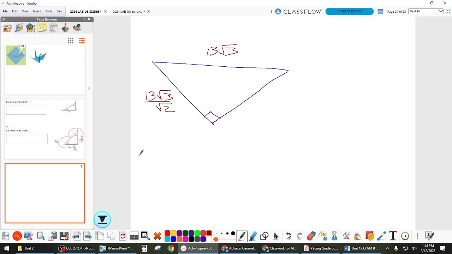We wrote in the note before, I just erased it, but it said, and then rationalize. I'm not sure I'm going to show you that or not, but basically it's a way of getting this square root out of the denominator. And it's purely a mathematical preference. It's not a requirement. In terms of function, let's say you solved this triangle and this was your answer for this piece of wire or something.